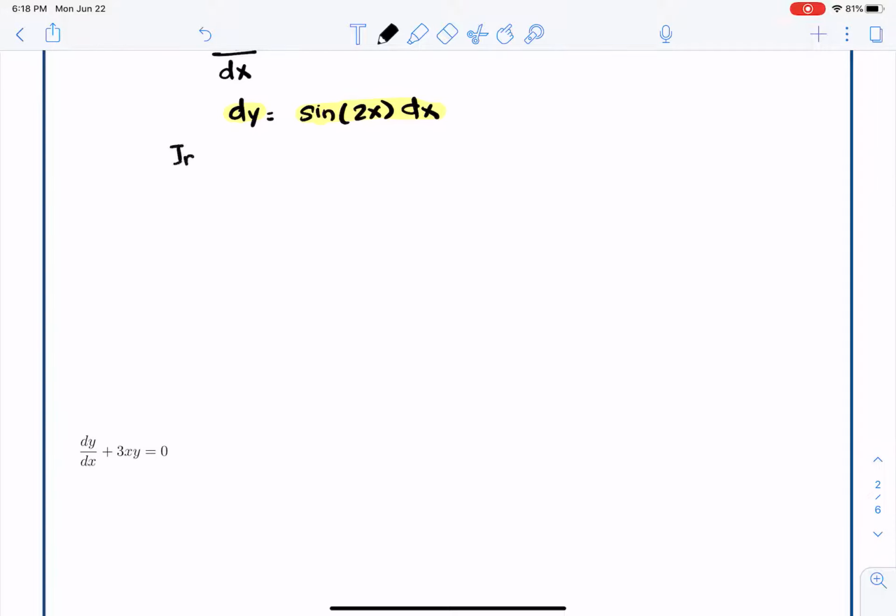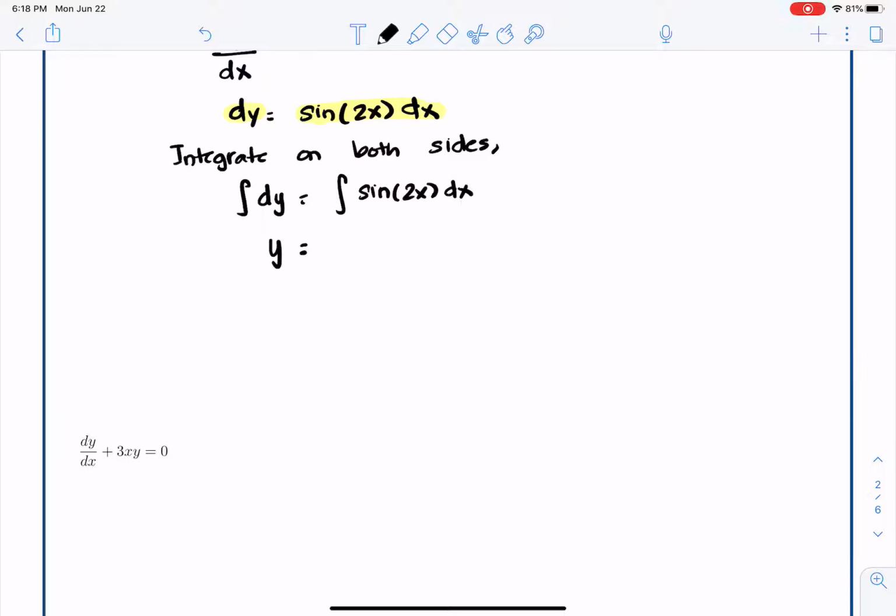So we integrate on both sides. Integral of dy is simply y.